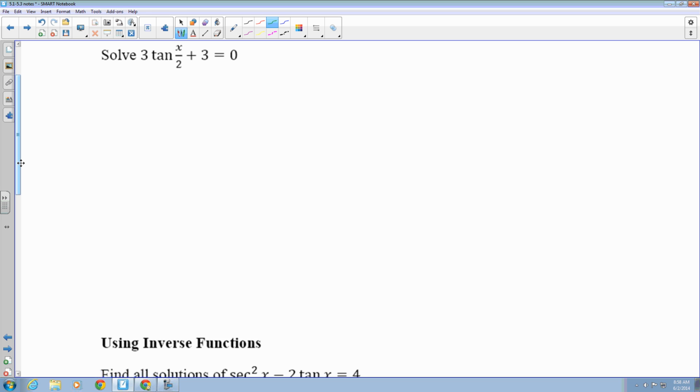Okay, so now I have 3 tangent of x over 2 plus 3. I'm going to isolate it the same way I always do. I subtract 3 and divide by 3, I get -1. Now I'm looking where tangent is -1 on the unit circle, which happens at 3 pi over 4.